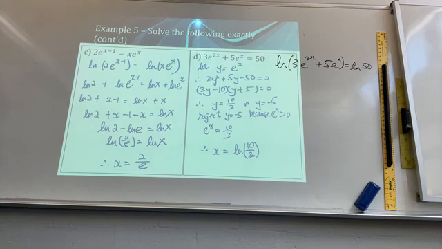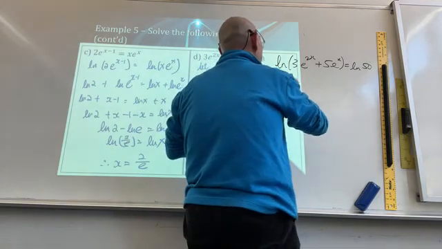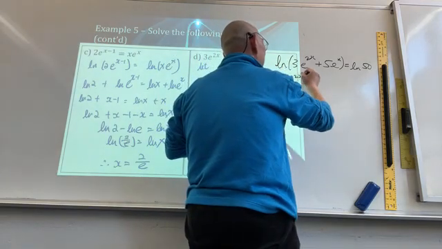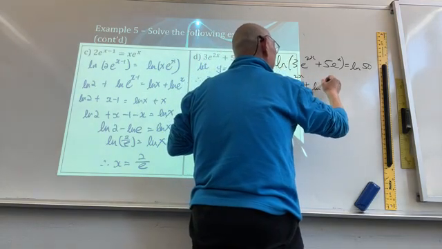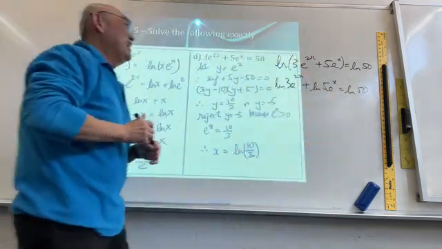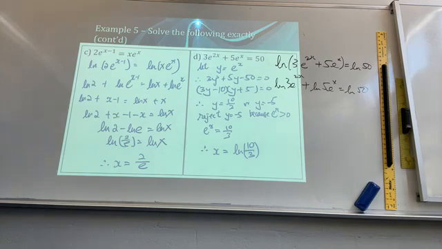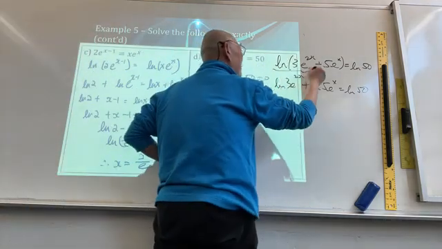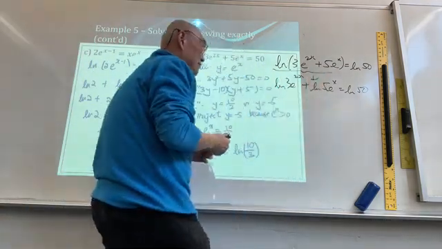A lot of people would have done this, and when solving it, 3y squared, they get themselves into a pickle. This is not the same as this. Just be careful.